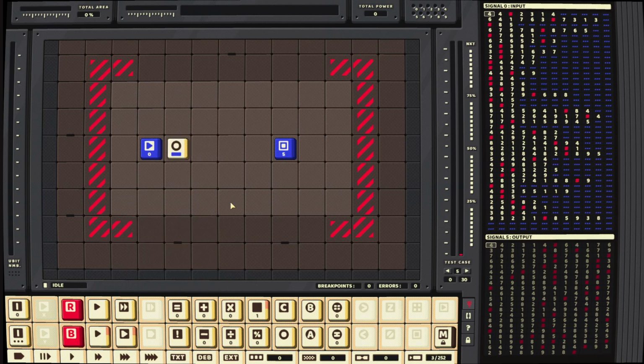I don't need to duplicate it if it's blue. Thing is, this is hurting my throughput.